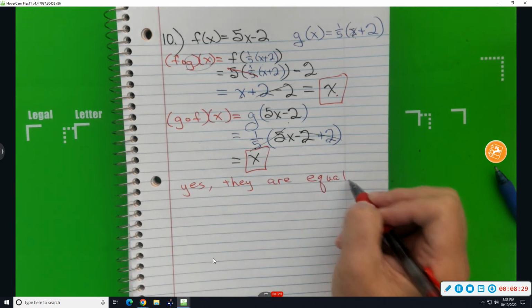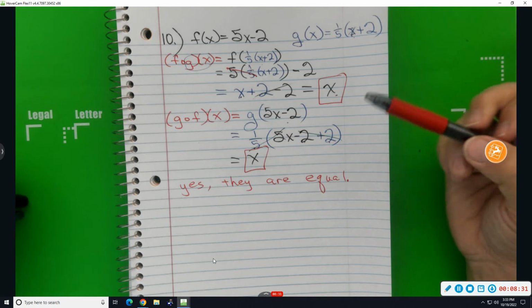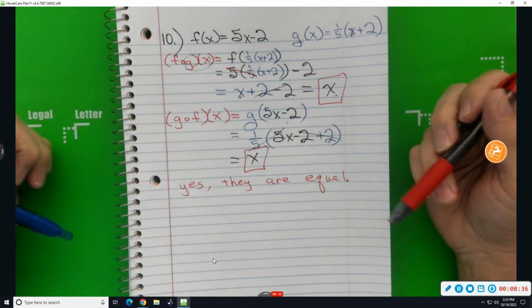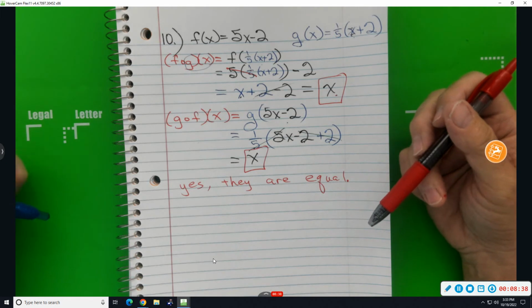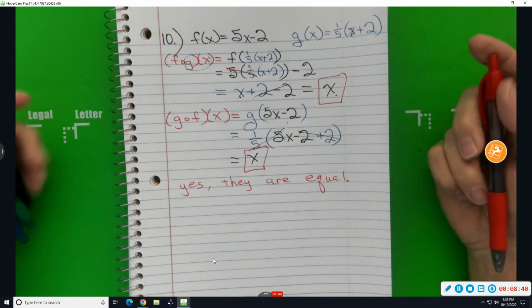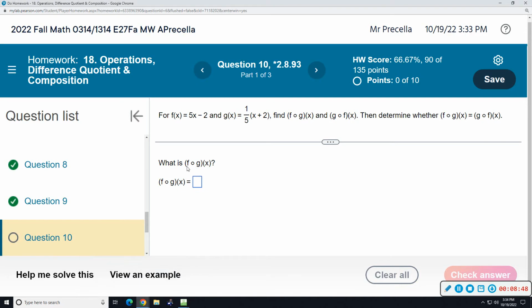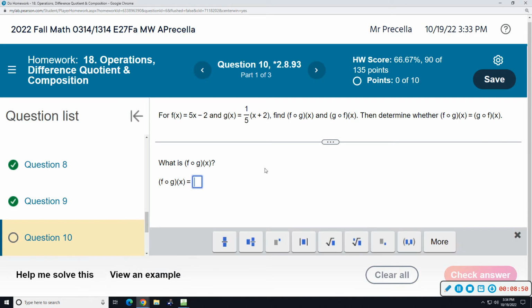Functions like this, whose compositions reduce to x and are equal, are said to be inverse functions, and we'll be defining inverse functions, as I said, I think it's next week. And I'll remind you, y'all remember numbers 10 and 11 on composition?